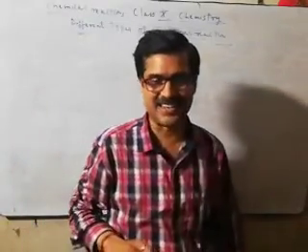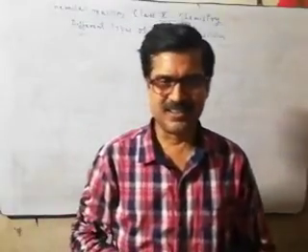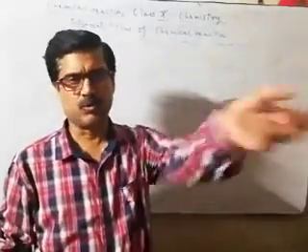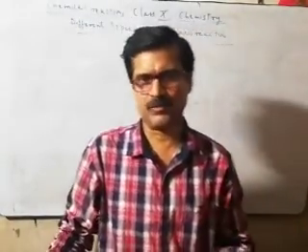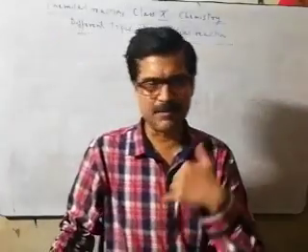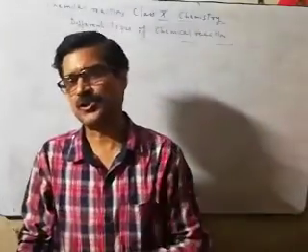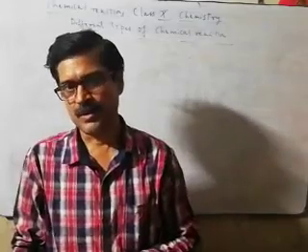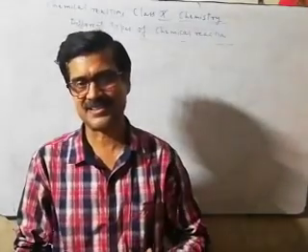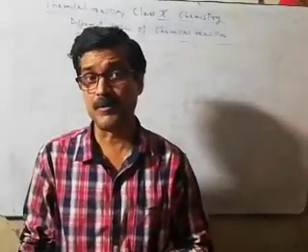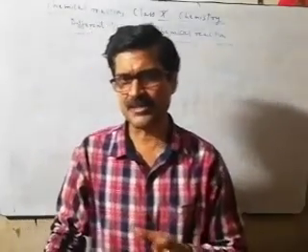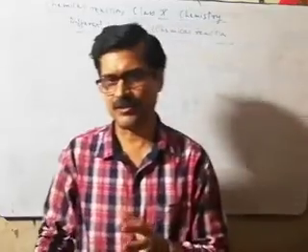What is the meaning of reaction actually? We know that reaction means that two or more compounds or elements, or one with another, will give a different set of changes, maybe color change, or maybe evolution of gas, or maybe new compounds will be formed. These are the basic indications of chemical reaction.